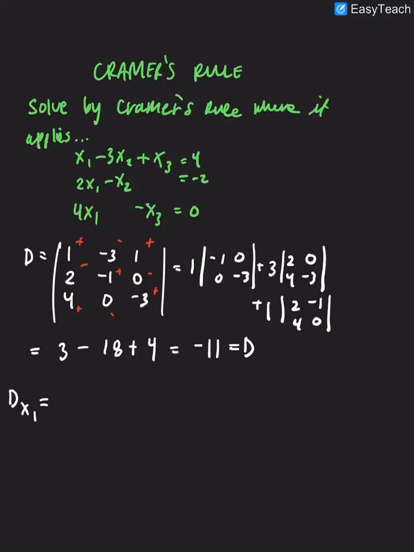Okay, I'll show you what I mean by that. So we're going to replace the first column with the, sorry, that's a positive 4, 4, -2, and 0. And then -3, -1, 0. 1, 0, -3.